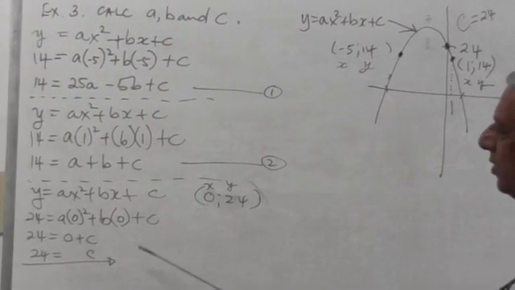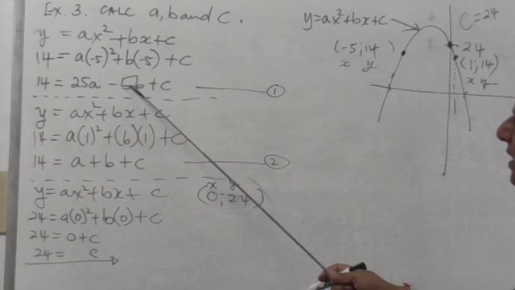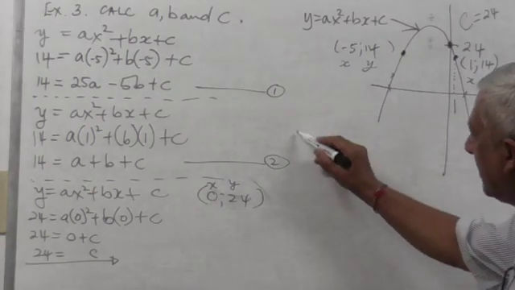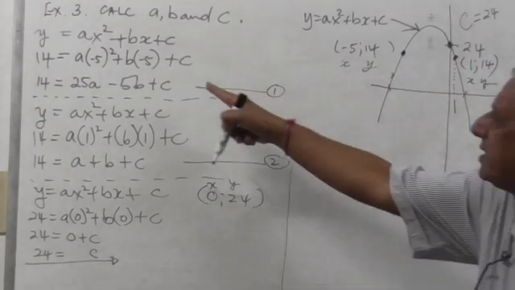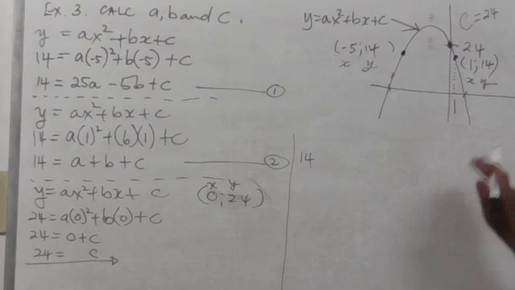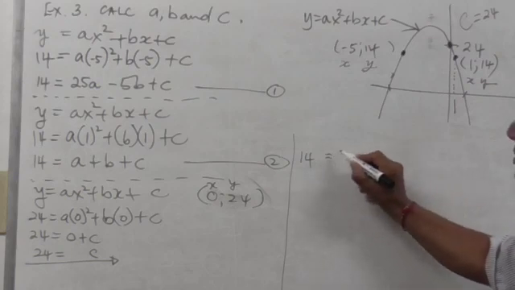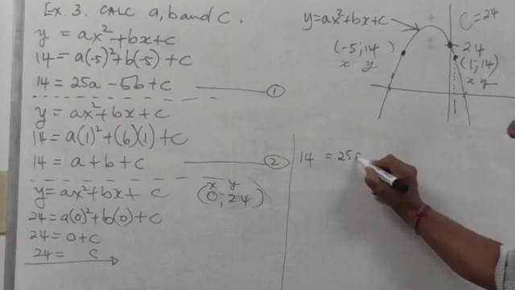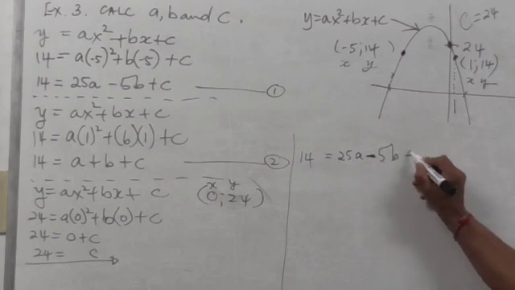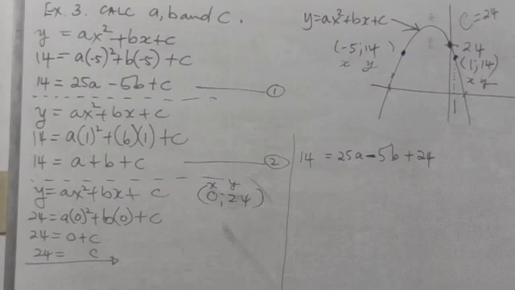Now we know that c is 24, so we can take that one and we're going to continue on this side. We take that 14 is equal to 25a minus 5b plus 24 because we already got that.